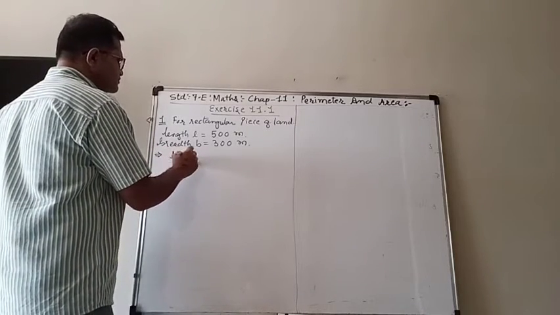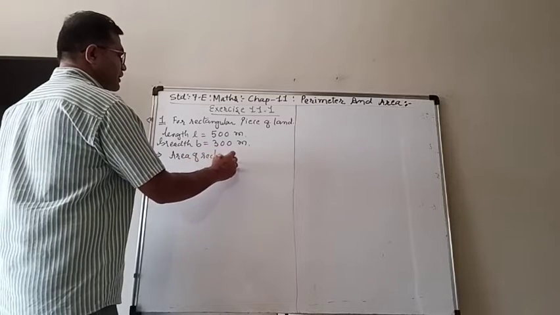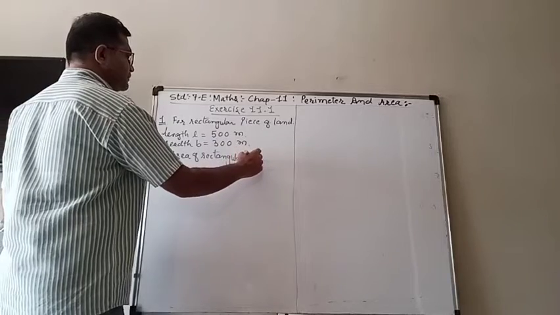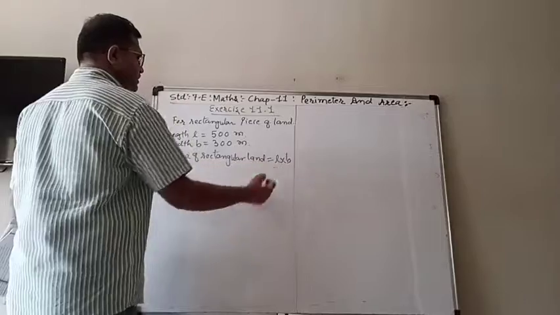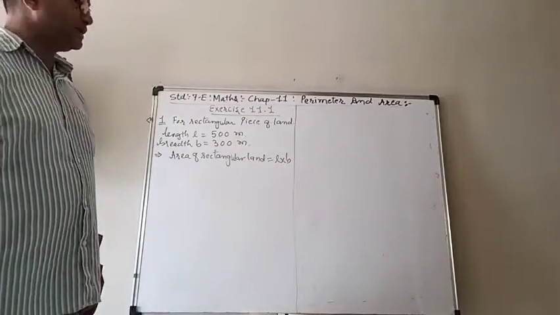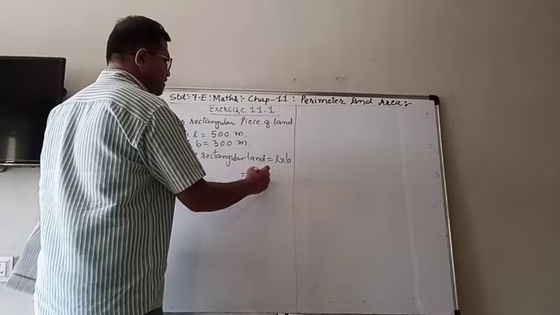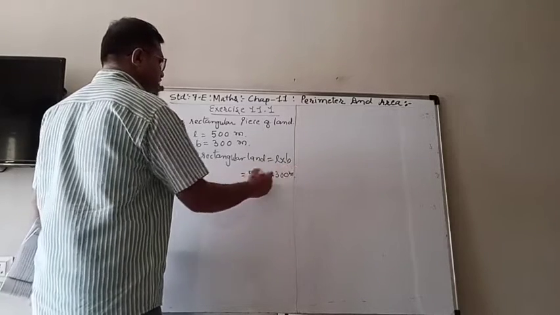So now area of rectangle. We know that area of rectangle is L multiplied by B. So which will be 500 meter multiplied by 300 meters.